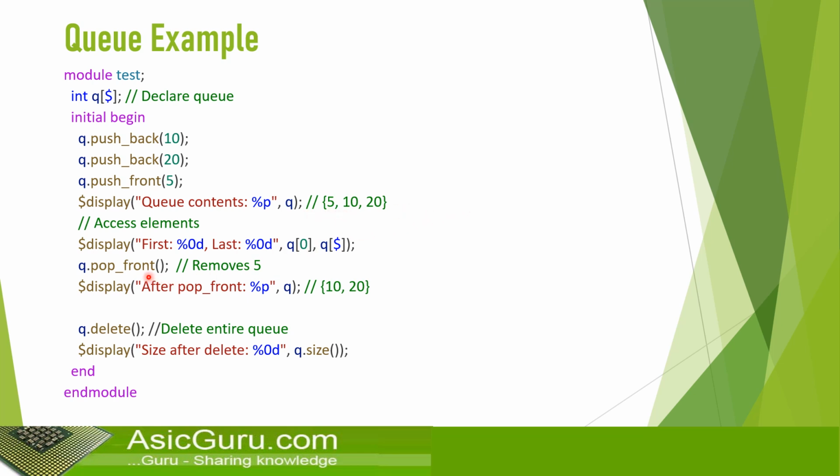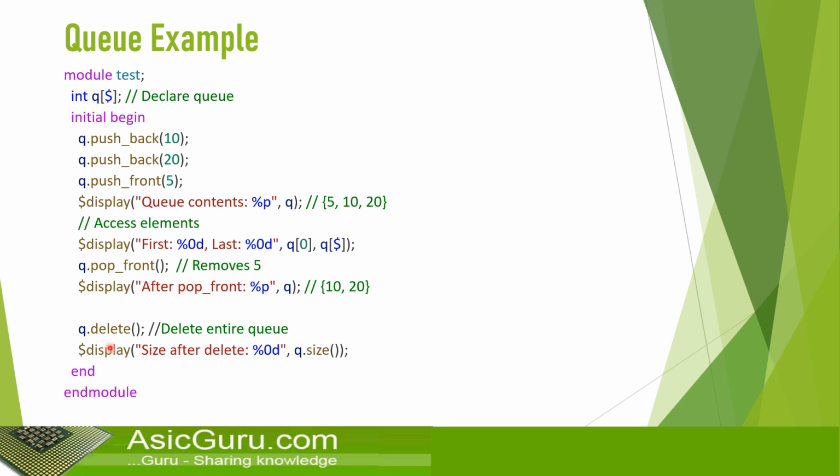Now we are accessing specific elements in the queue. Firstly, we are accessing Q[0]. It would give the first element, which is 5. Q[$] would give the last element, that is 20. Then we are removing the front element from the queue, so it would remove the 5. Then again we are displaying the contents of the queue. It would now print values 10 and 20 because we have already removed 5.